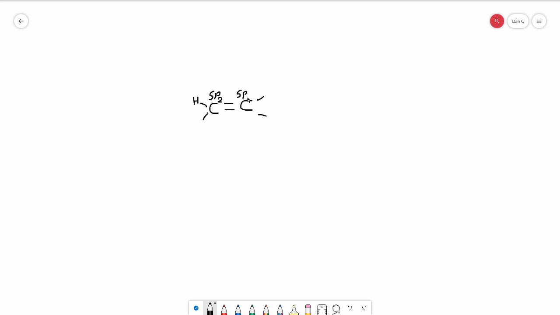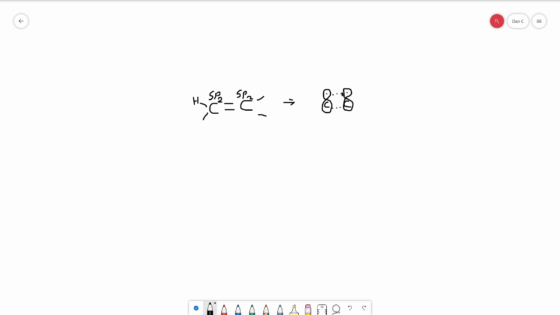Now what this means is there is one unhybridized p orbital left in both of these atoms. That's how the double bond is formed. You could think of it looking like this. So you have each of the carbons, and you have the sigma bonds that are sp2 hybridized, and then you have a single unhybridized p orbital on each of these carbons that each hold a single electron, and these can connect, and that's how you have the pi bond in the first place.